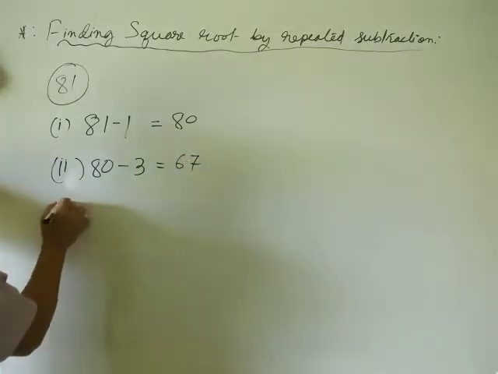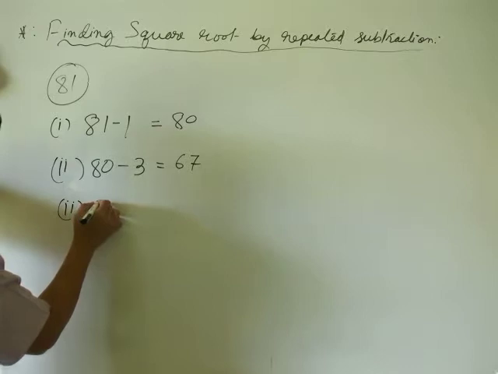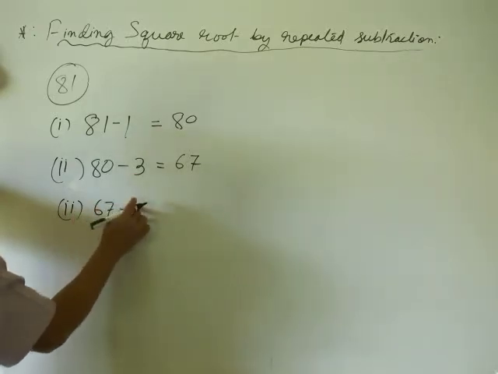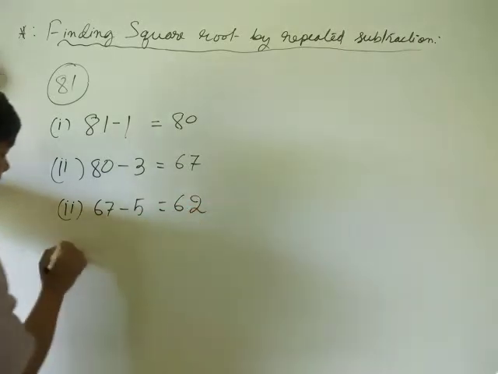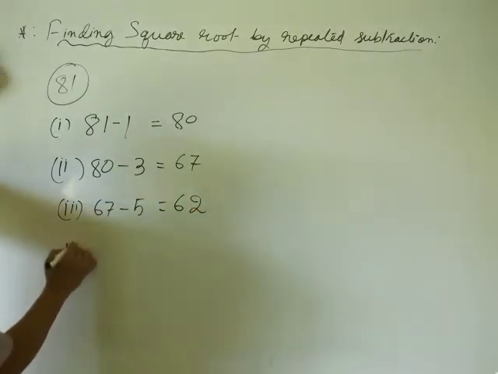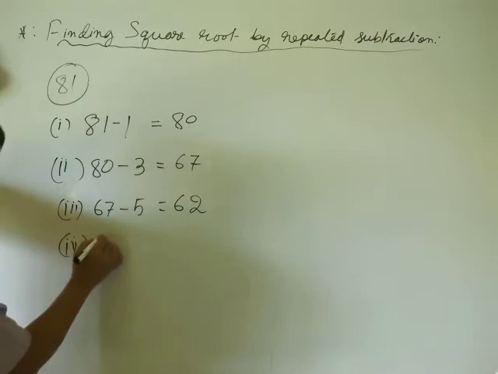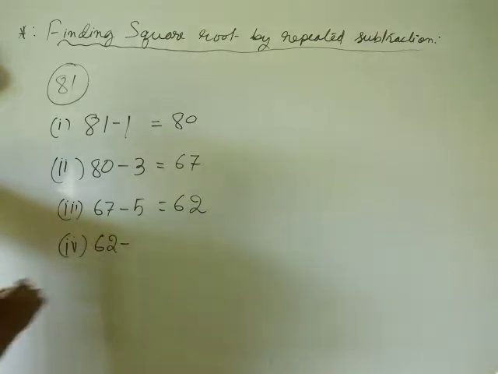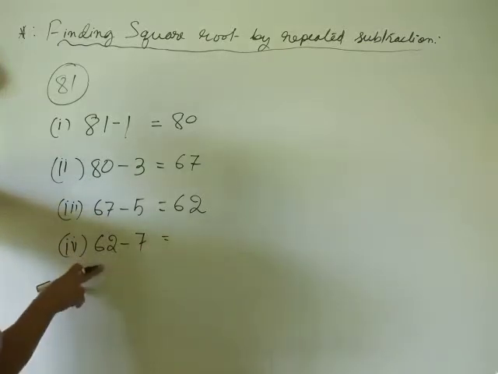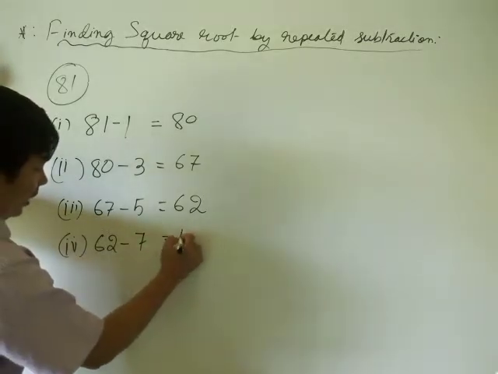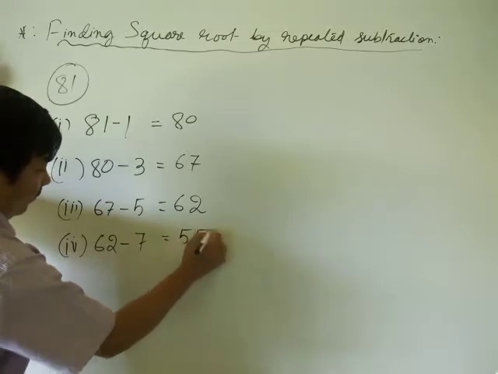Then we got here 67 and subtract the next odd number, 5. How much do we get here? 62. And in step 4, 62 will be minus 7. How much do we get here? 55.